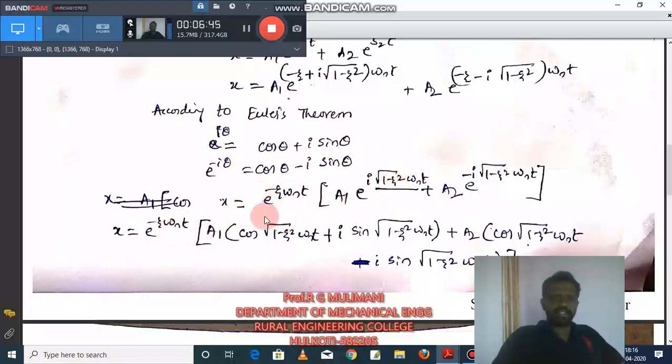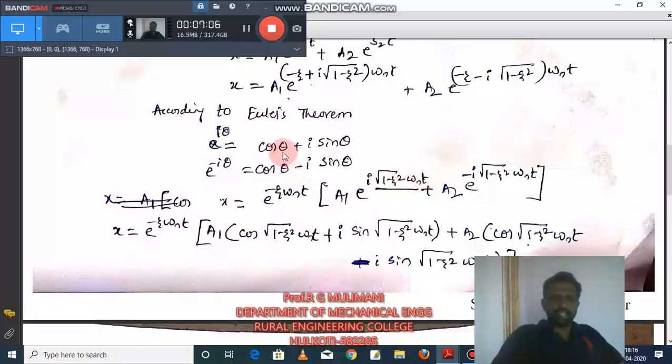The term e raised to minus zeta omega nt is taken the same, then a1 is the same. This is an exponential function. What is the coefficient of i here? It is square root of 1 minus zeta square omega nt.